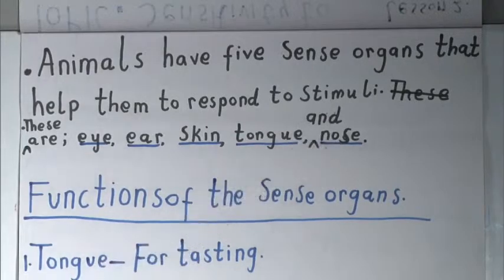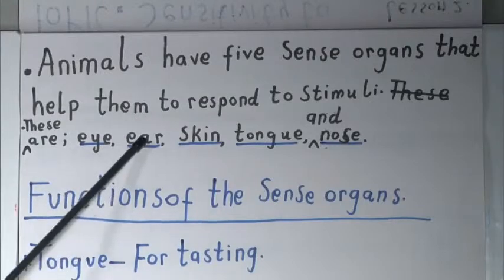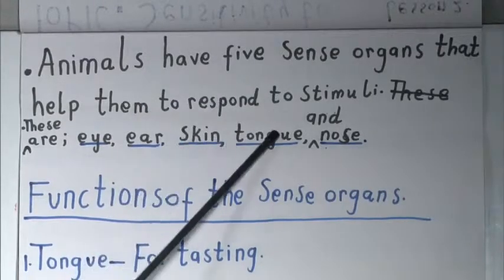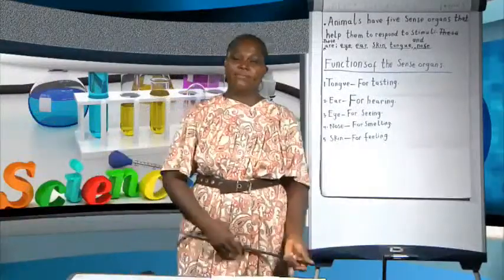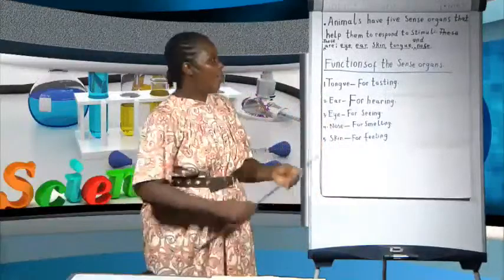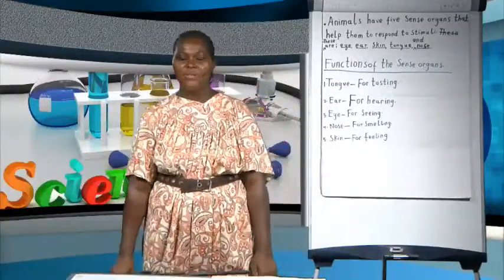So we have got 5 sense organs: eye, ear, skin, tongue, and nose. We are coming to look at the structure of these sense organs on our screen.